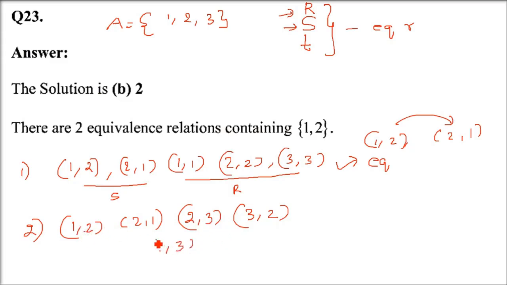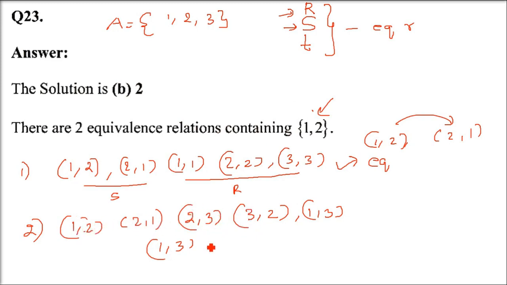In order to make it transitive, we need to have (1,3). (1,2), (2,1) because of symmetric. (2,3), (3,2) because of symmetric. But (1,2), (2,3) means (1,3) has to be there. And since (1,3) is there, in order to have symmetricity, we need to put (3,1) also.